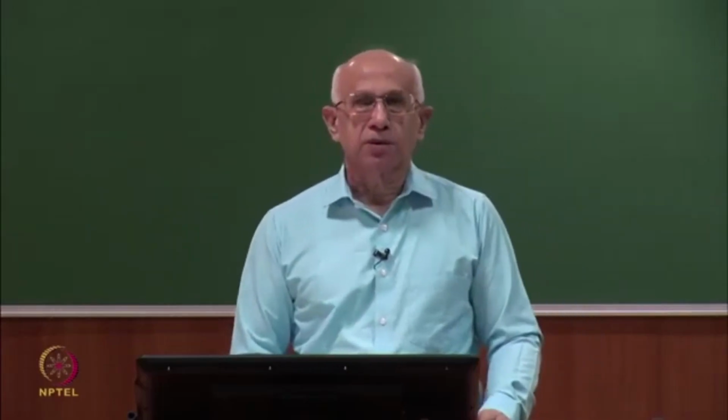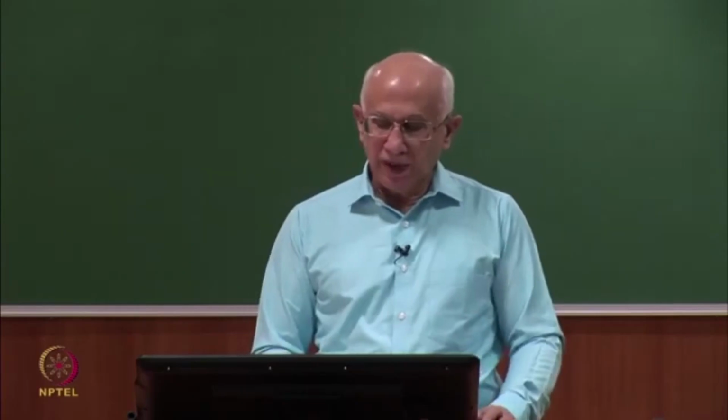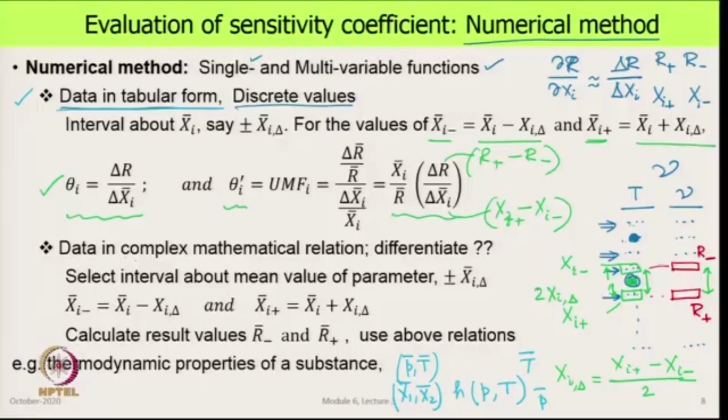Now, we look at a second case where we have a function, but it is a very complex mathematical relation. We have two options. We can have all the patience in the world and time and sit down and actually differentiate it and do exactly what the previous slide showed, perfectly in order.